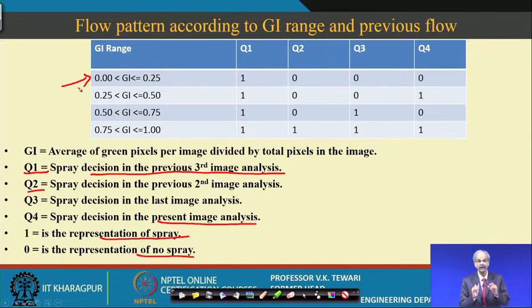So, depending on the GI range that we have set for application, we are in a position to apply the chemical or the herbicide through the rollers. So, this talks of the pattern here.